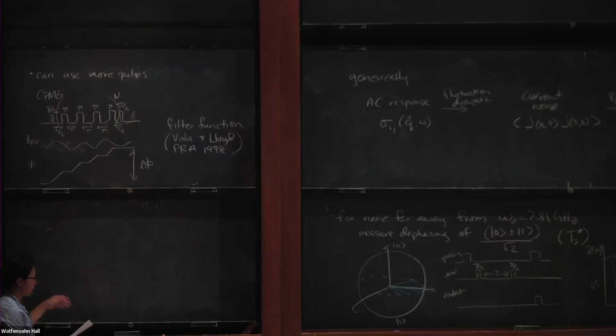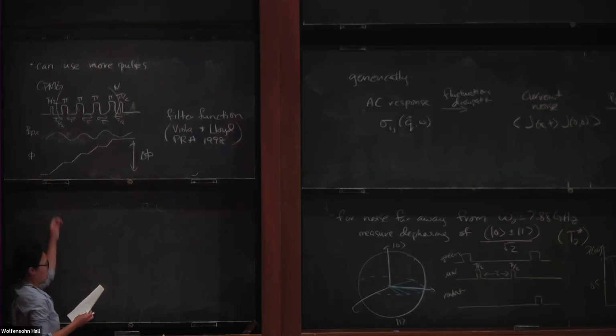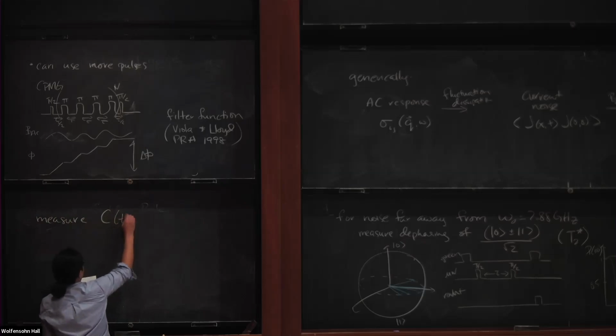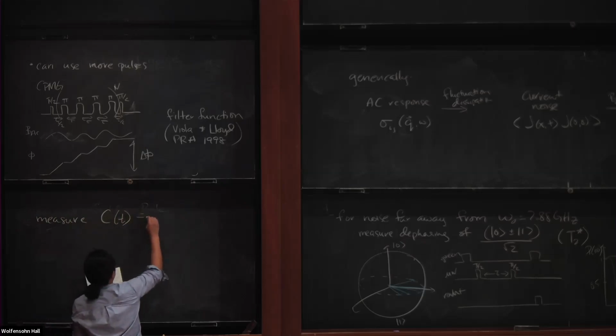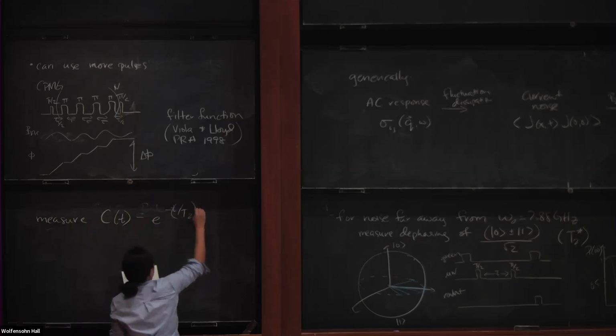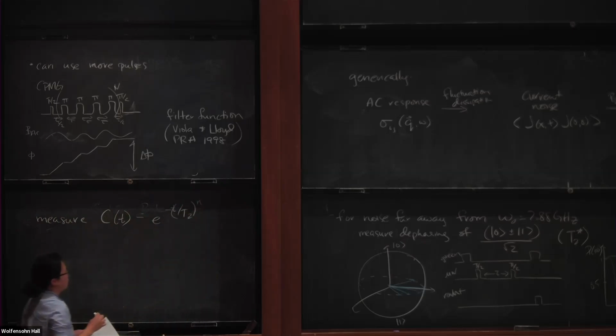All right, so the very last thing that I want to say is that, in general, what you're going to measure is, again, some coherence decay, which is going to look like t over T2, again, to some stretch exponent.